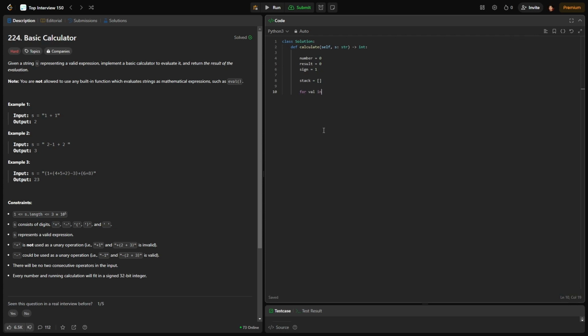So for val in s, if our val is a digit, we can apply the isdigit function, then number equals number multiplied by 10 plus int of val.